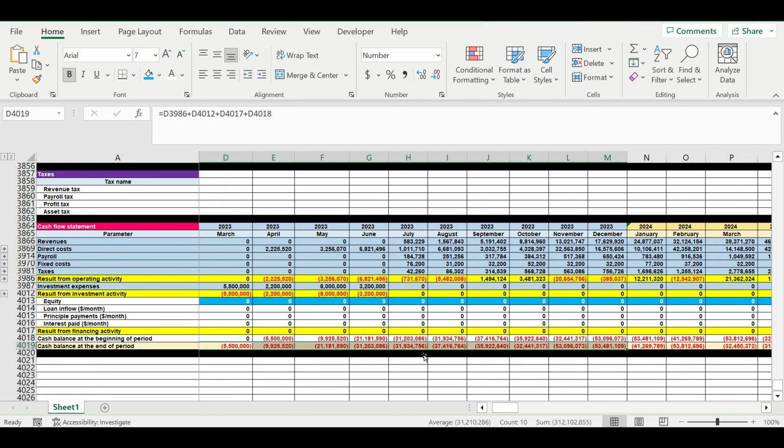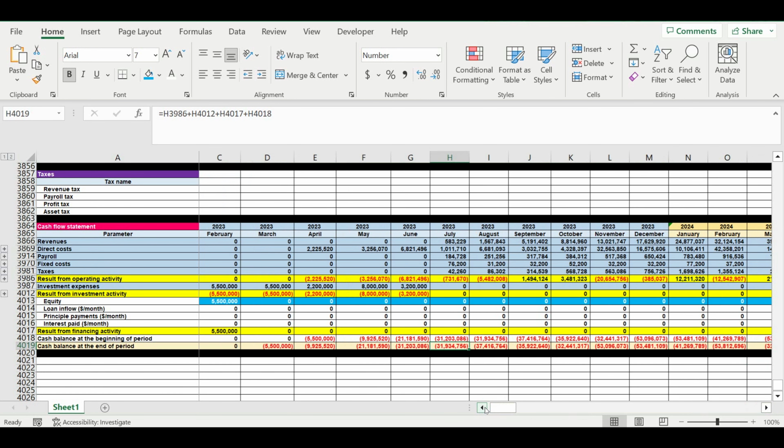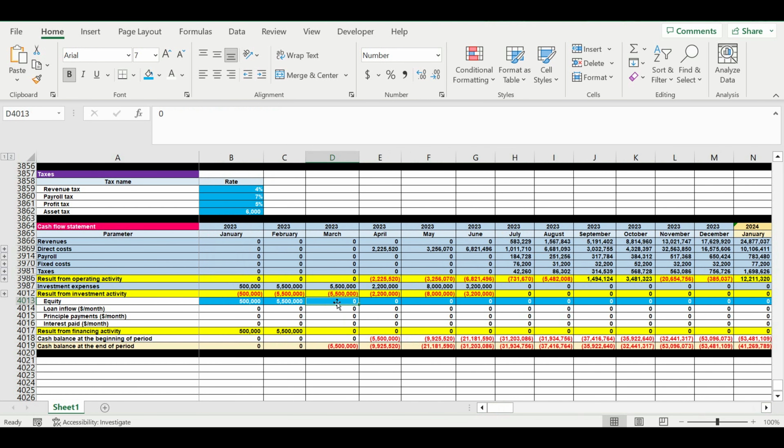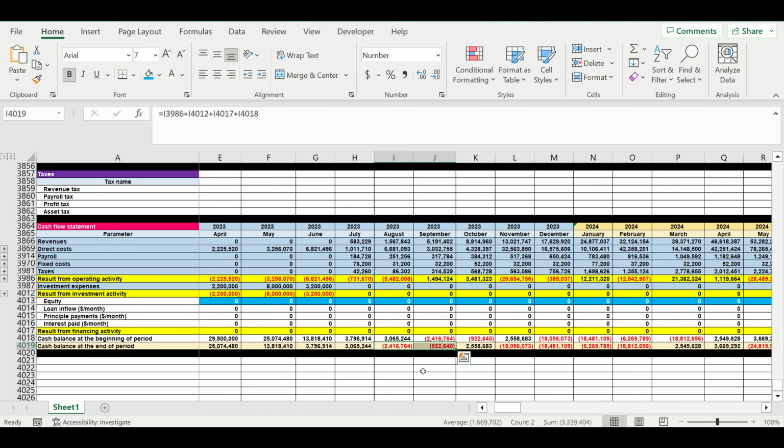Let's say we took 35 million. So let's say we put 35 million, and here we can see that we need some additional financing, and the amount of this additional financing will be 2416764.